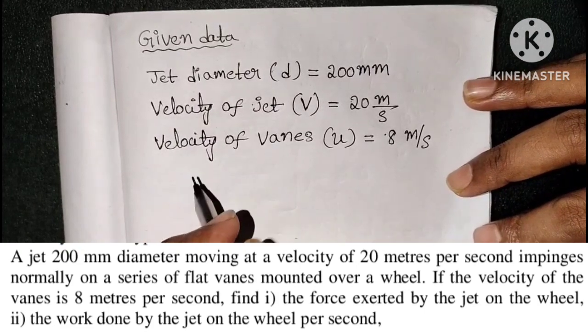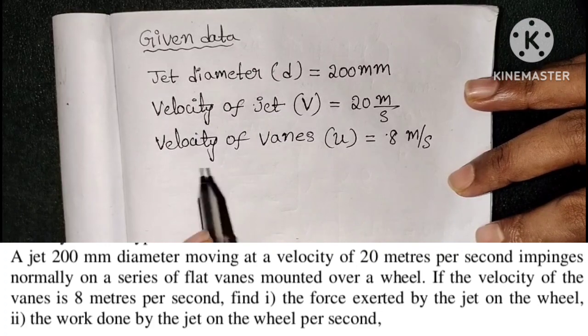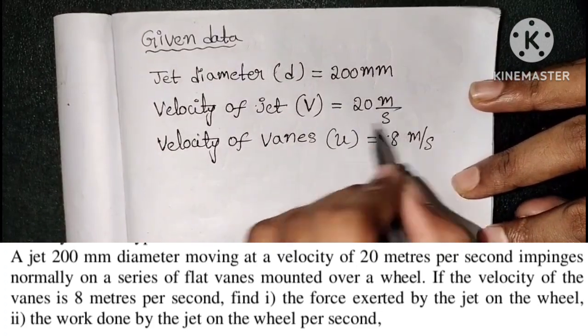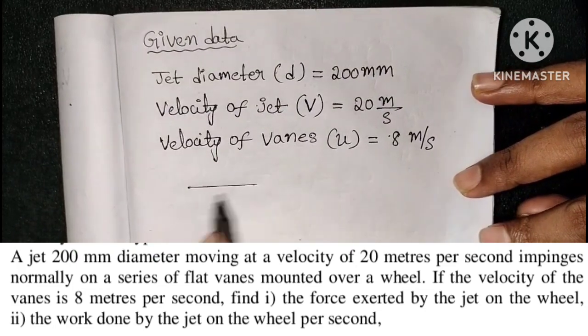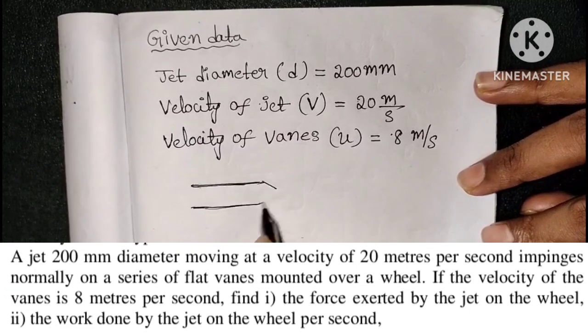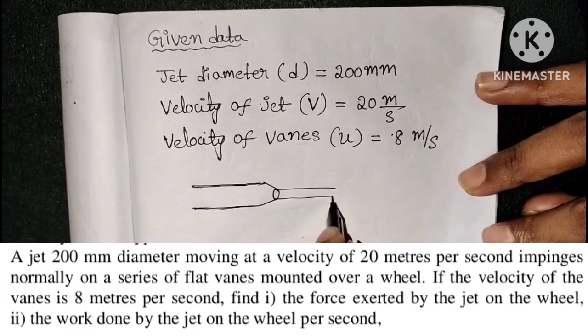So let us discuss the jet and vanes. Here a jet of 200 mm diameter is moving at a velocity of 20 meters per second. So there is a water jet. Let me draw a figure.